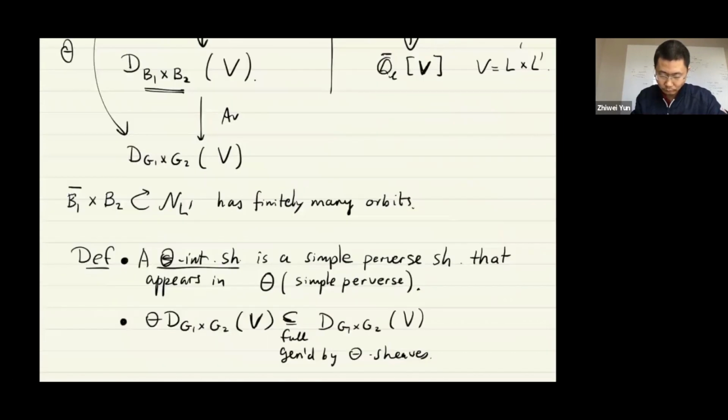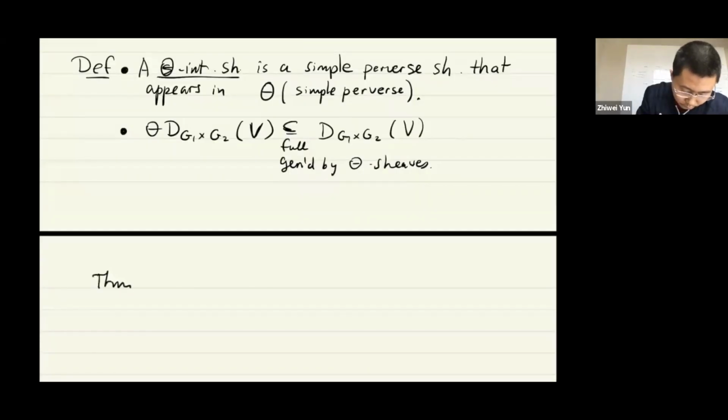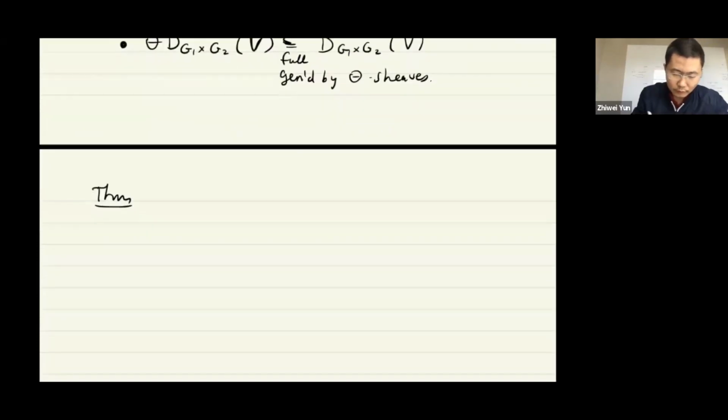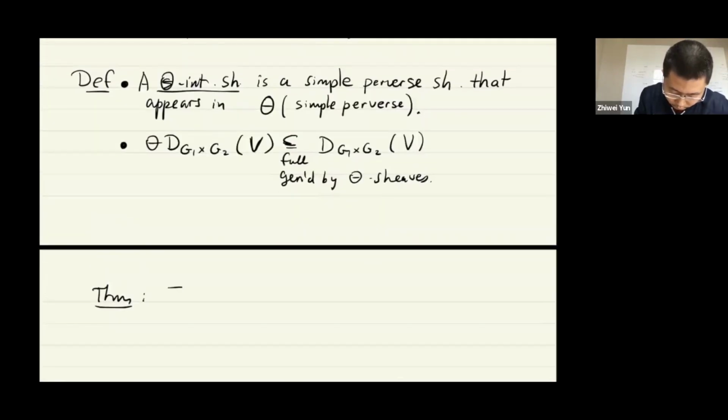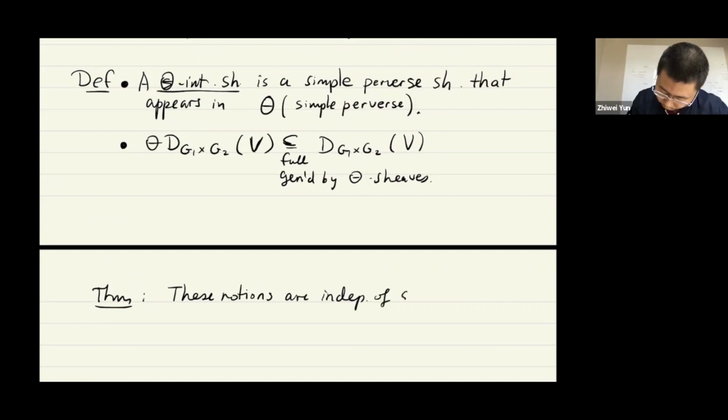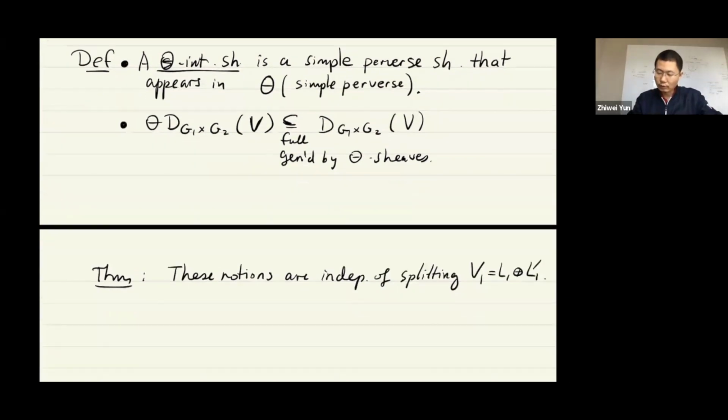But the theorem ensures that this construction is canonical. So these notions are independent of the Lagrangian splitting of V1 into L1 plus L1 prime.